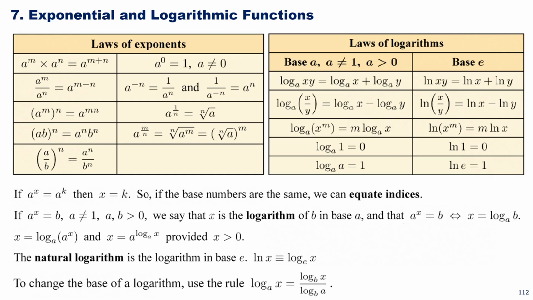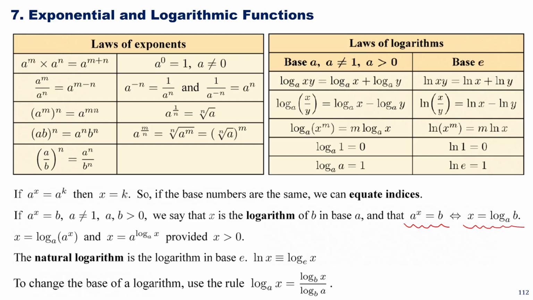For example, a to the power of x equals b is equivalent to x equals log base a of b, right? Did you get it? And based on this, we have x equals log base a of a to the power of x, and x equals a to the power of log base a of x, provided x is greater than 0.